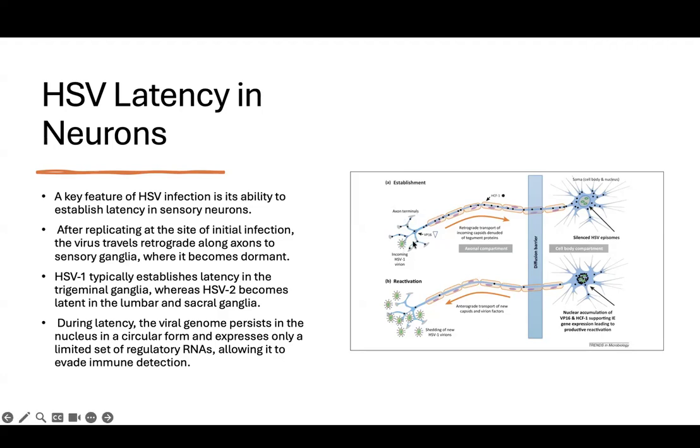So they're going to go to a neuron, and specifically, they love to go to sensory ganglia. HSV1 loves to go to the trigeminal ganglia, and HSV2 more to the sacral ganglia. So again, it's the glycoproteins that they differ in that give them this specific tropism towards a specific ganglia.